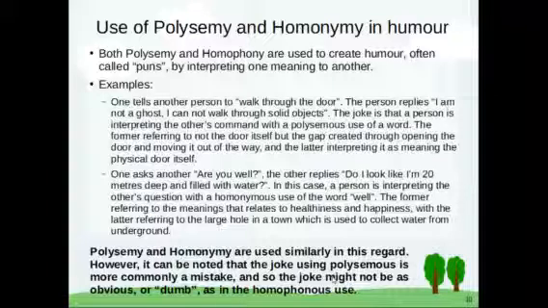So if you want to make it obvious that you're joking, you might prefer to use a homonymous use of words rather than the polysemous use, because I think people, especially if they're not hearing correctly, might not understand that you are purposely making a mistake.